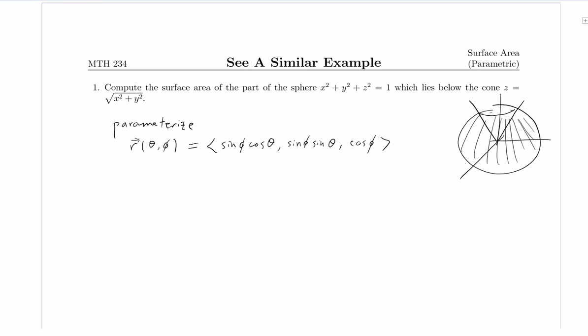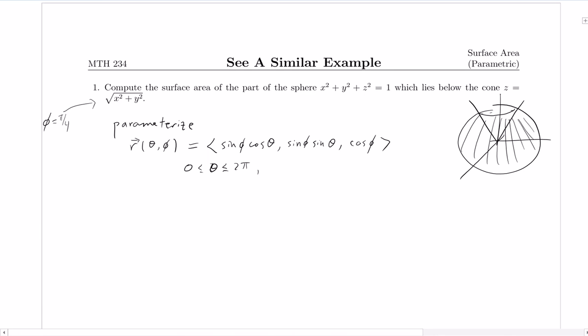And we need bounds for theta and phi. So theta goes all the way around. But phi does not. We're leaving out the top part of the sphere. Now if you think back to spherical coordinates and figure out what the equation for this cone is, it's exactly phi equals pi over 4.